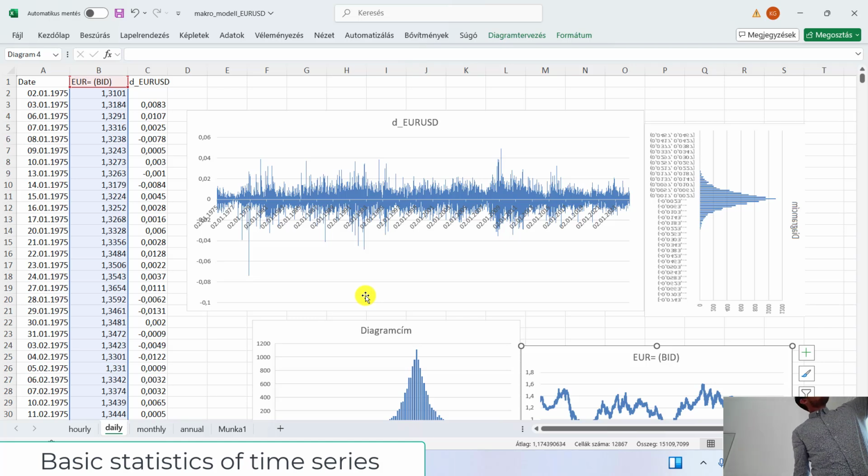Because in this case, we can say that they had a nice confidence about what should be the value of the US dollar against the euro, because this is not fluctuating so much. Here we can say that they lost this confidence. When prices are increasing drastically, it means that they have no idea what the price level should be, so volatility increases.